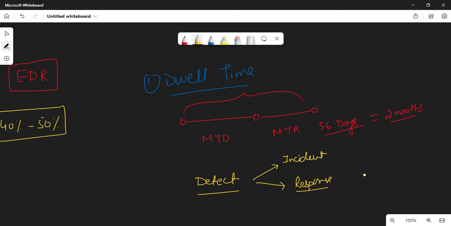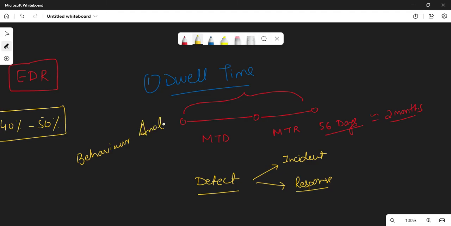Okay, so these are your EDR solutions, endpoint detection and response solutions, right? Basically, what you do, you install a particular sensor within the endpoints, which keeps on scanning your files, keeps on analyzing the behavior of your files, because these tools are working on behavior analysis and machine learning techniques.